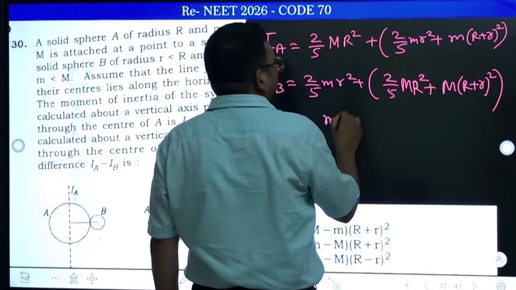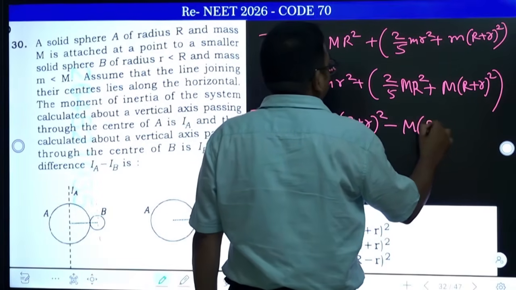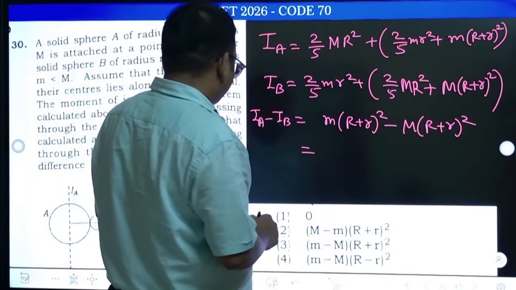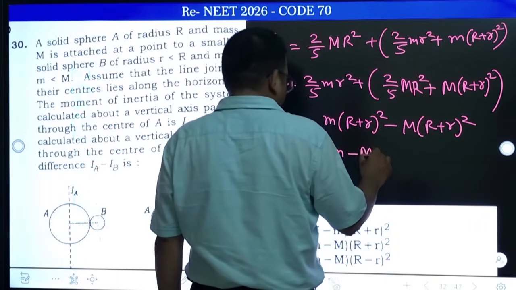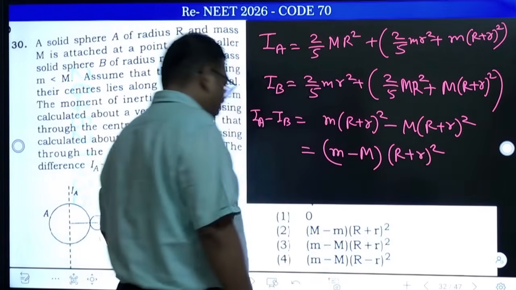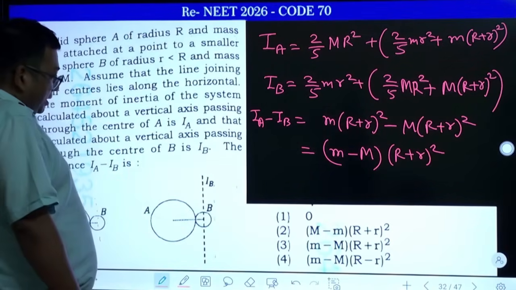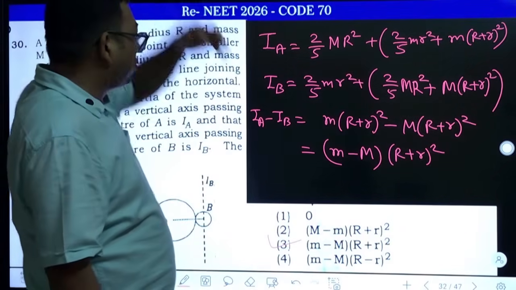So small m times R plus r whole square minus capital M times R plus r whole square. Taking common, we get m minus M times R plus r whole square, not capital M minus m. The third option will match. Fine.